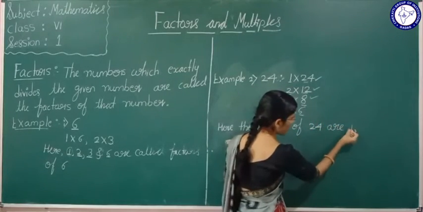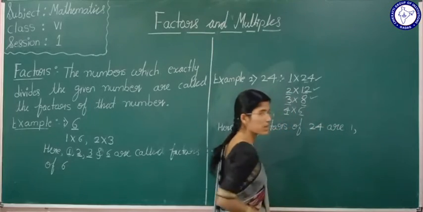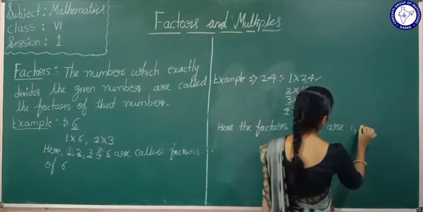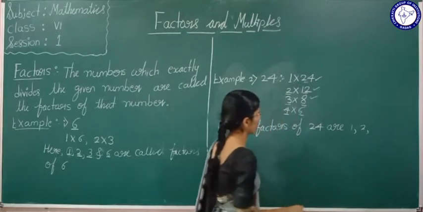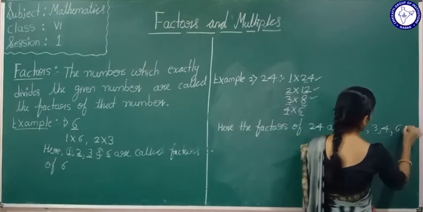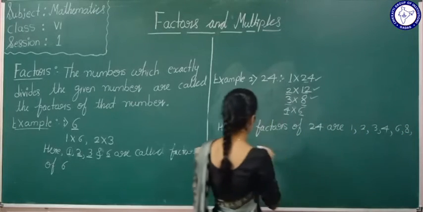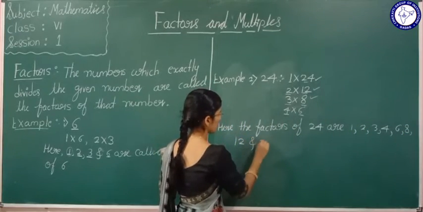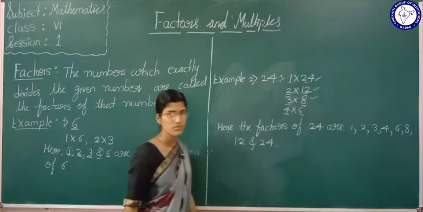This 1 will divide this 24 completely. Again 2 is a factor of 24, 3 is a factor, 4 is a factor, 6 is a factor, 8 is a factor, 12 is a factor, and 24 is also a factor.